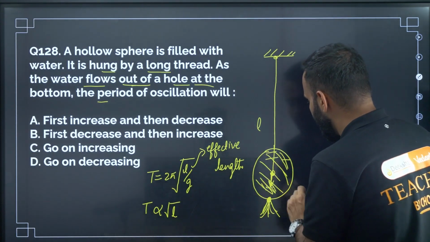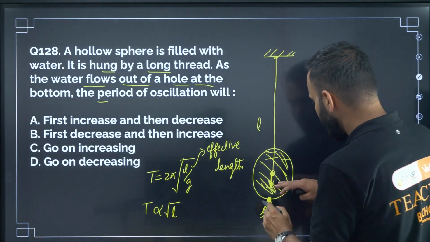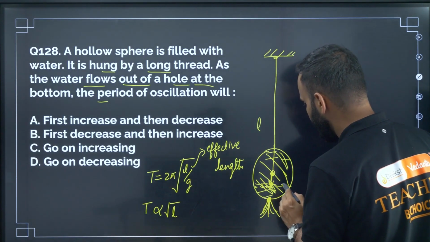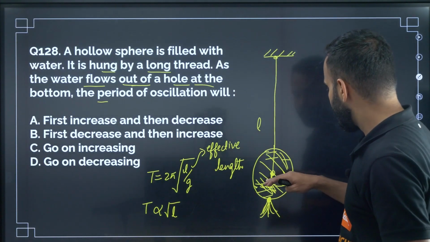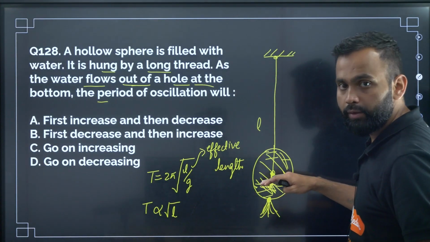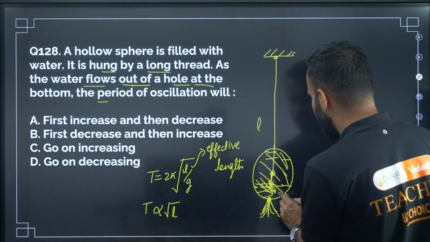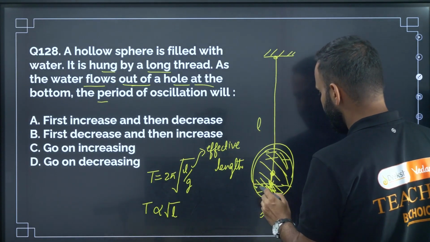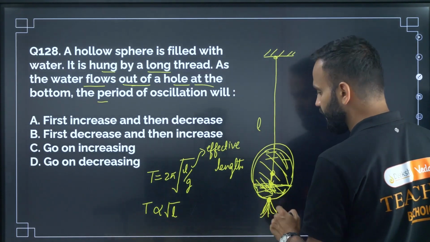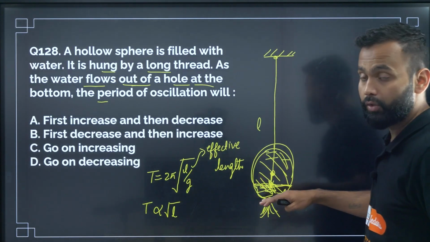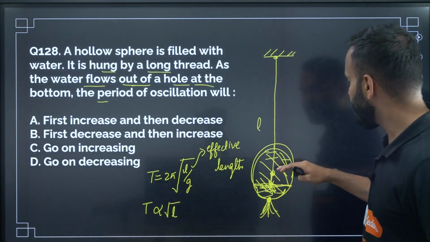Now when the water level reaches somewhere here, the center of mass will start to move in the upward direction. Why? Because this part becomes the lighter side and this part becomes the heavier side.